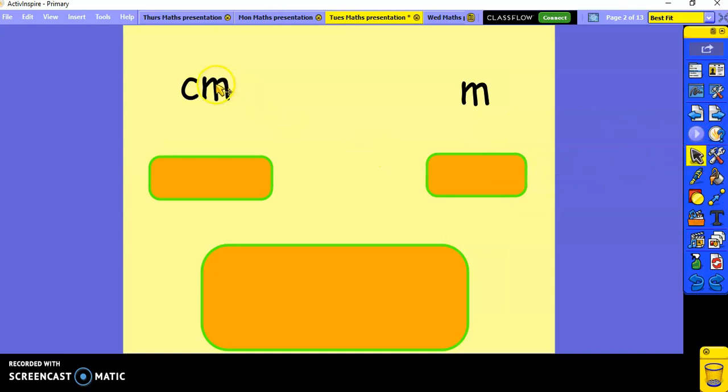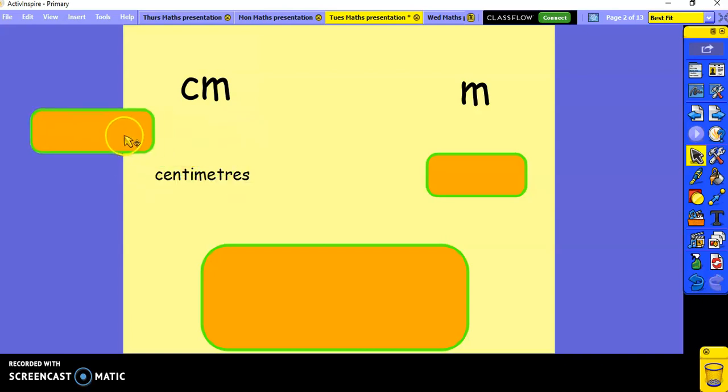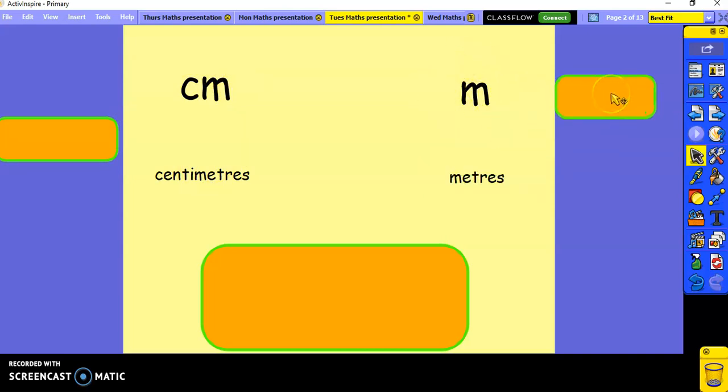Okay, so I've got 2 symbols on the board. Does anybody know what they stand for? So well done if you correctly said that the cm stands for centimetres, and well done if you correctly said that m stands for metres, and both of these are used to measure length or height.